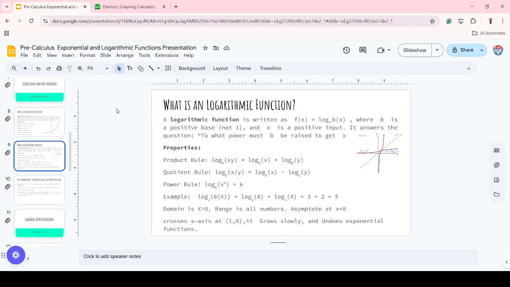We also know that exponential and logarithmic functions will mirror each other on the graphs. We remember our product rule. Log subscript b of xy is equal to log subscript b of x plus log subscript b of y.